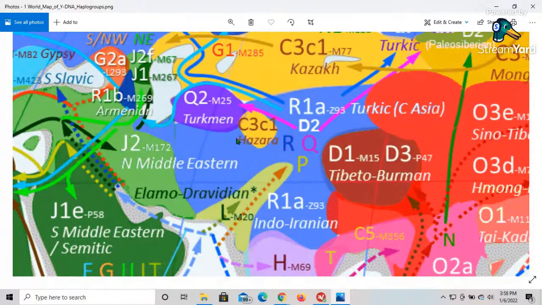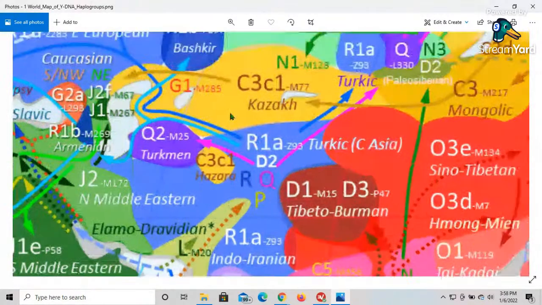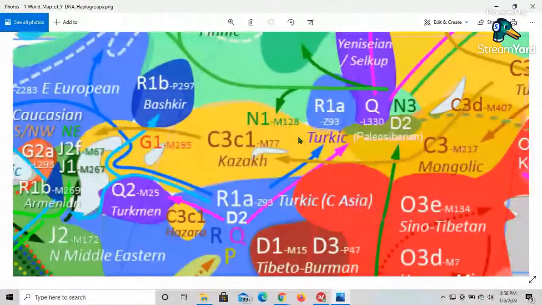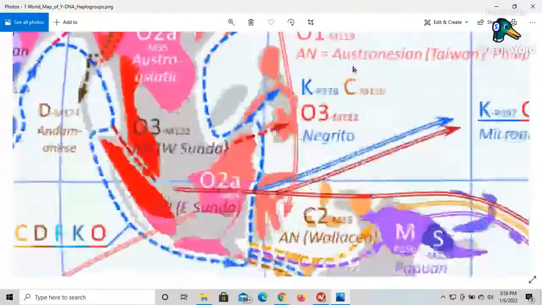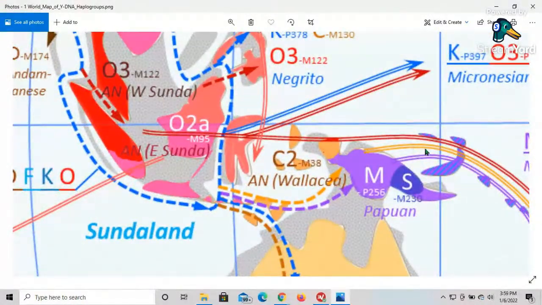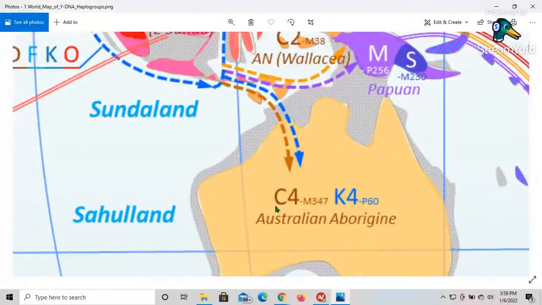And of course, here is not too far, but they just kept migrating east, all the way north to America, south to the Pacific, and south to Australia. The C Y chromosome, all descendants of Nimrod.